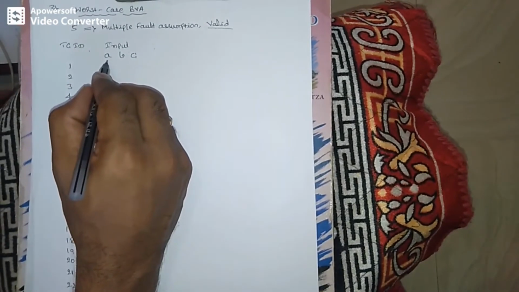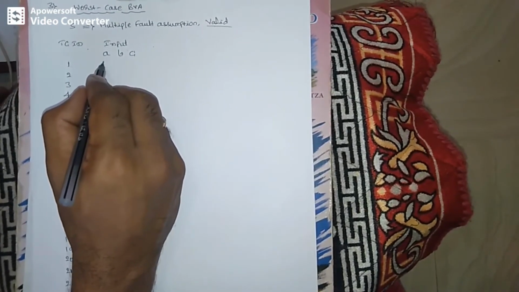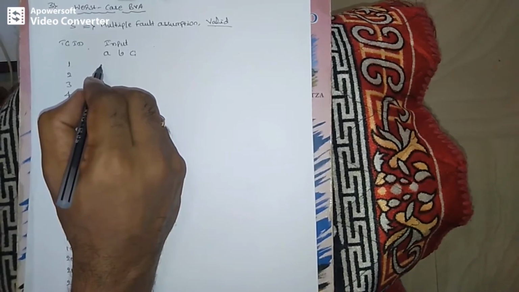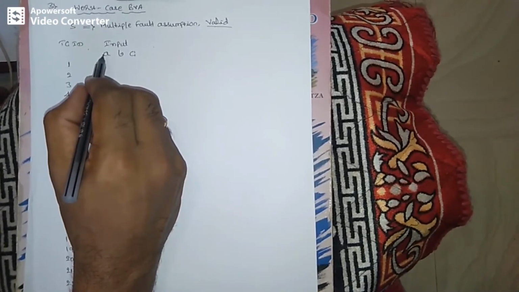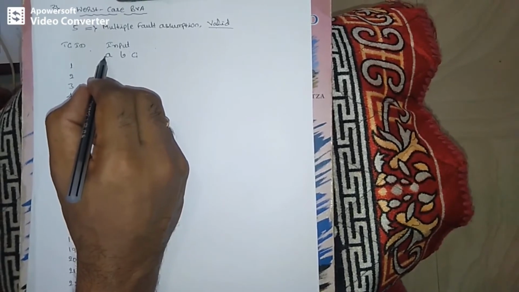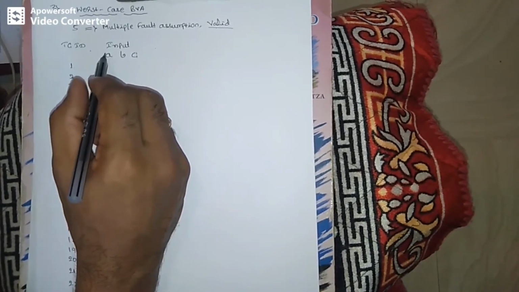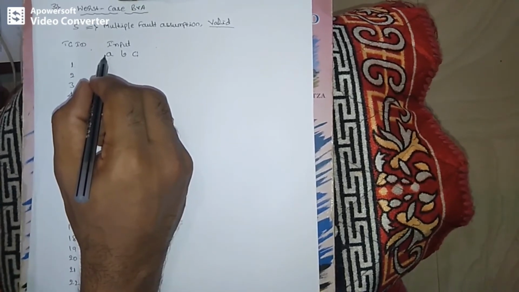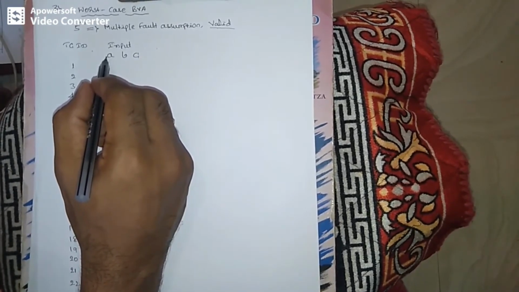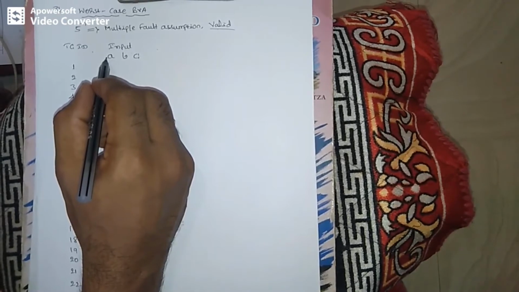For the first 25 test cases, the A value will be minimum. For the next 25 test cases, the A value will be minimum plus.